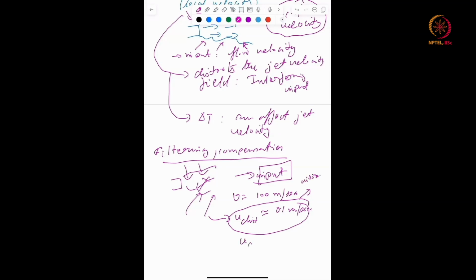But if this U distort produces a velocity of say 10 meter per second, which is roughly 10% of this, then it is significant. So this needs to be taken into consideration and applied as a correction.